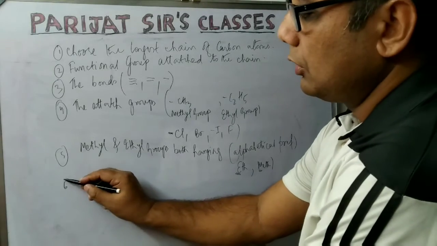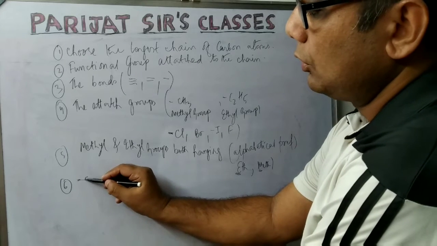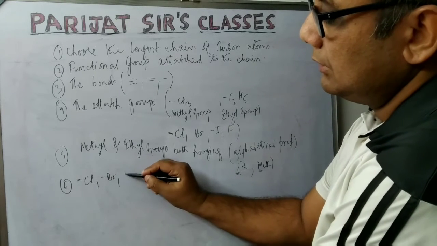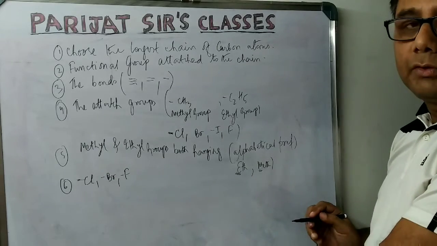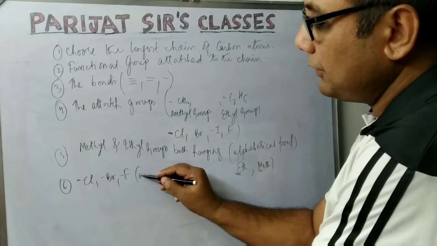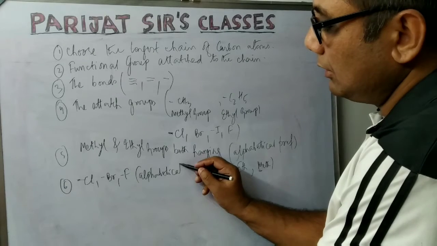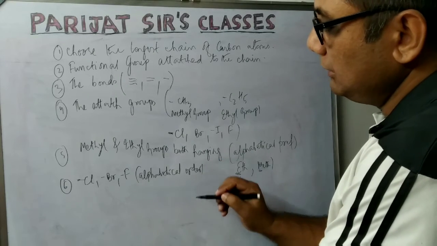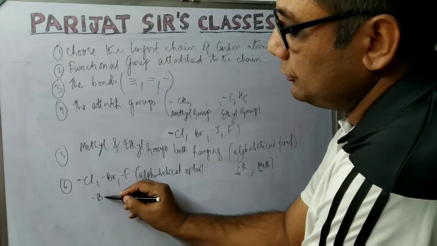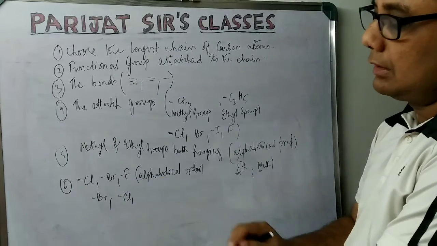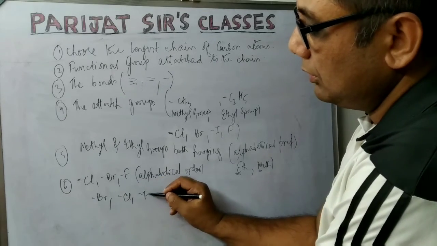Similarly, if you have got the chloro group attached, the bromo group attached, the fluoro group attached, which one will you give the preference? Again, alphabetical order. That means first will come the bromo because it's B, then the chloro because it's C, then the fluoro.